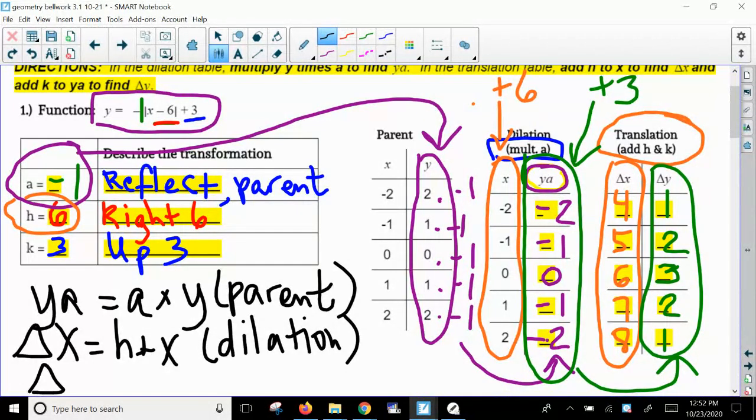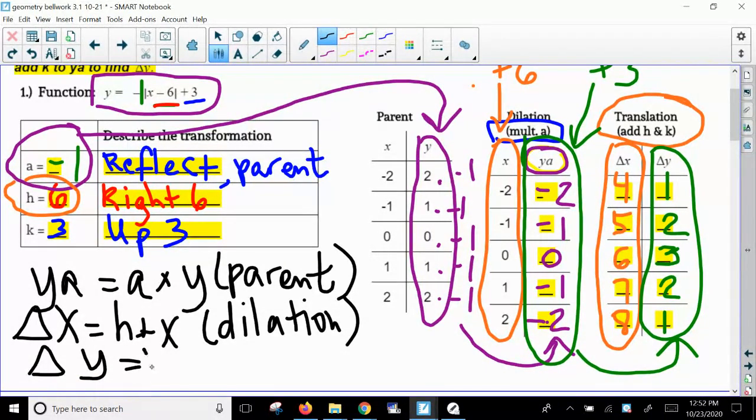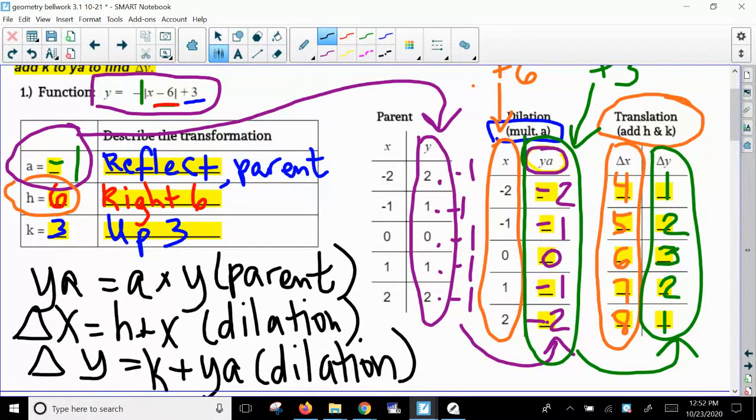For delta Y, we added K plus YA. YA came from the dilation table. All right, write this down because you know your memory is shot. Here we multiply. So for YA is multiplying, for H and K we added.